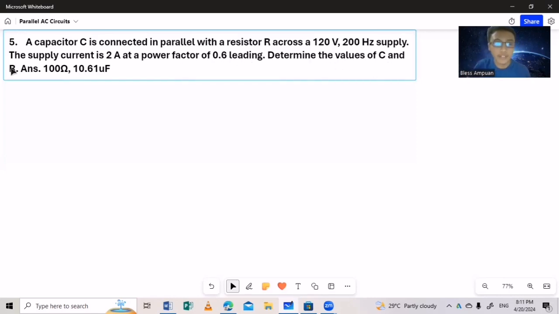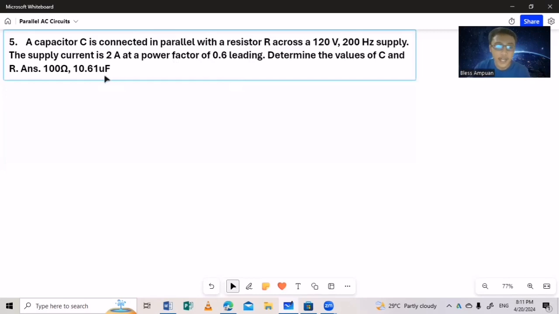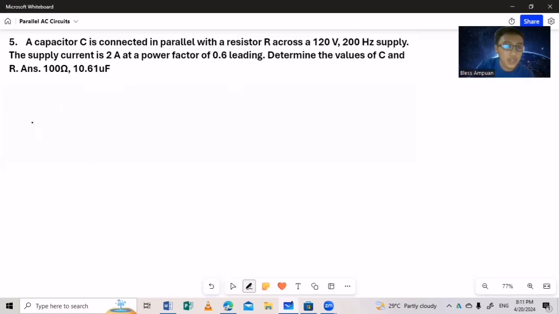Okay. So first, since we already identified the givens, we now know what is asked, and then we must get the equation. To solve for our resistance, we know that the resistance formula is related with the voltage supply.